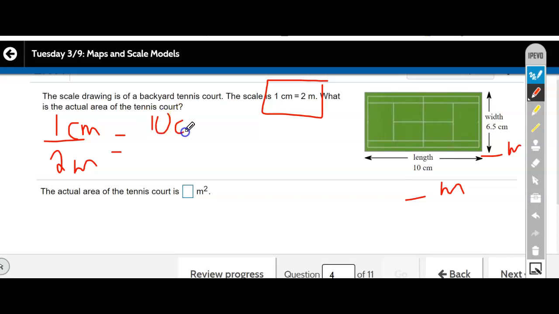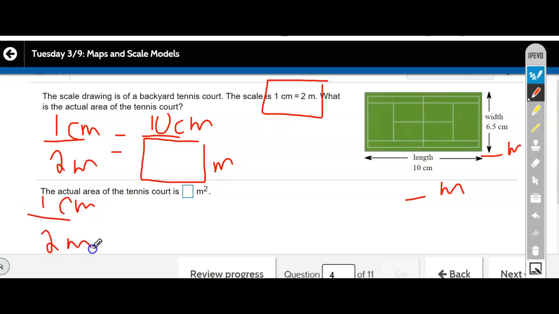10 centimeters would be what in meters? Then I got to do the other one. 6.5 centimeters would be what in meters? You guys are all doing this, right?